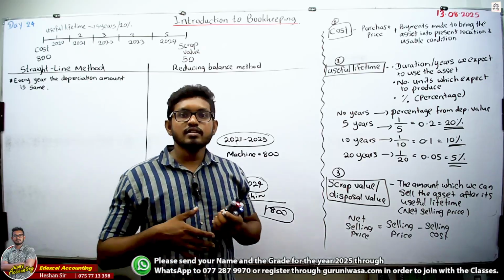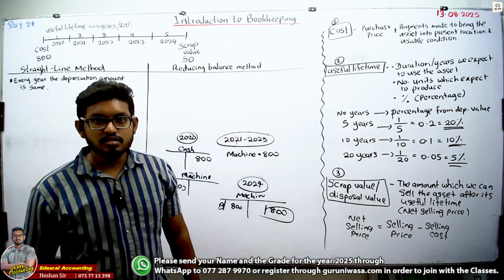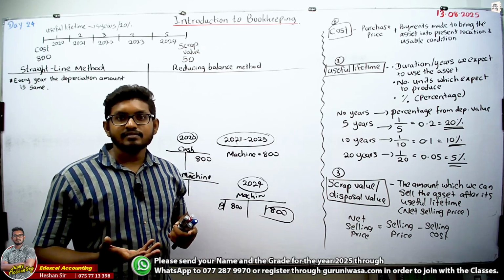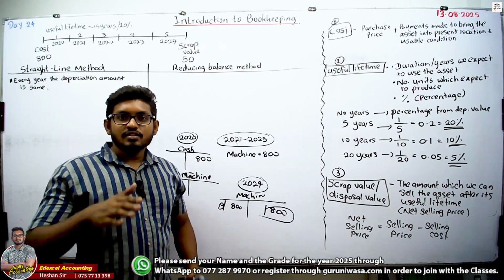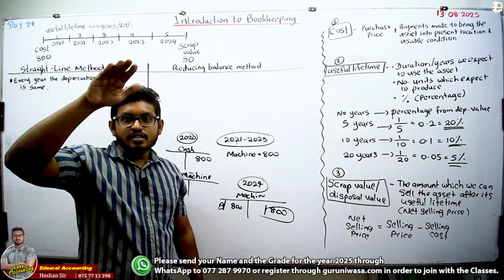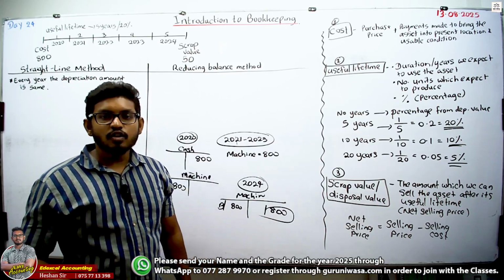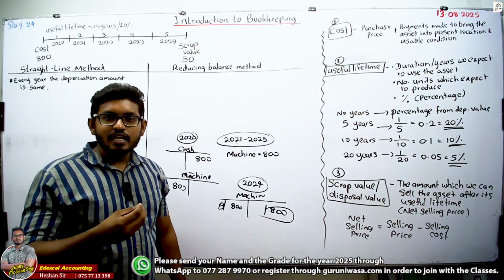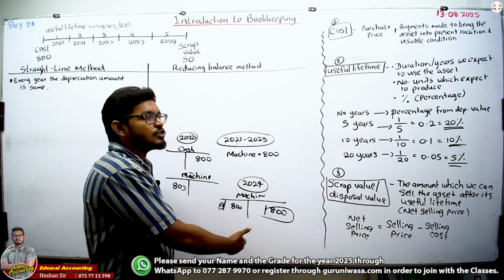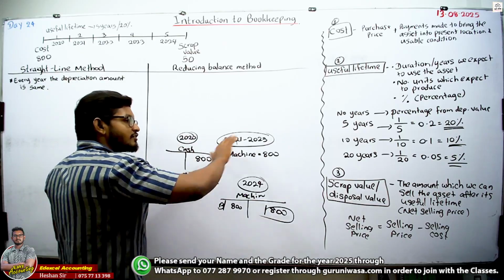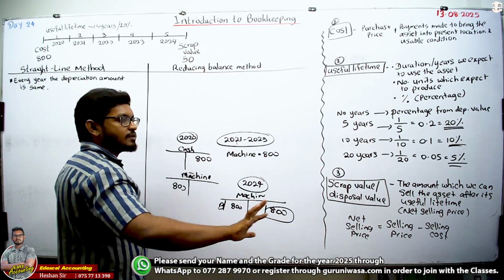Our stakeholders who are reading the accounts will get afraid. Why? Especially the owners. The non-current asset value drastically decreased by 800. It's not fair, right? Why? During these 4 years we used it, right? So every year we need to remove the value in a systematic manner.